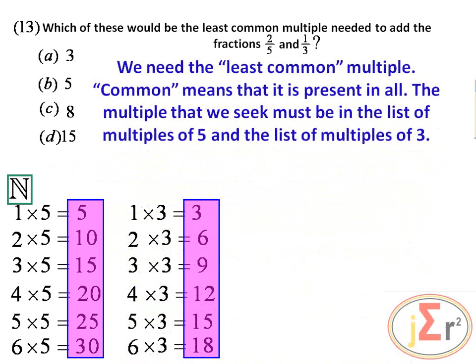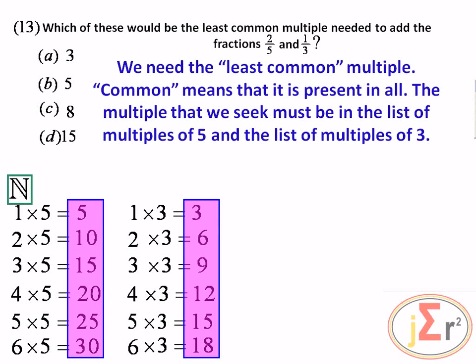We need the least common multiple. Common means that it is present in all. The multiple that we seek must be in the list of multiples of 5 and in the list of multiples of 3. So the common multiple that we need, common means it is present in all. So it is present in the list of multiples of 5 and in the list of multiples of 3.